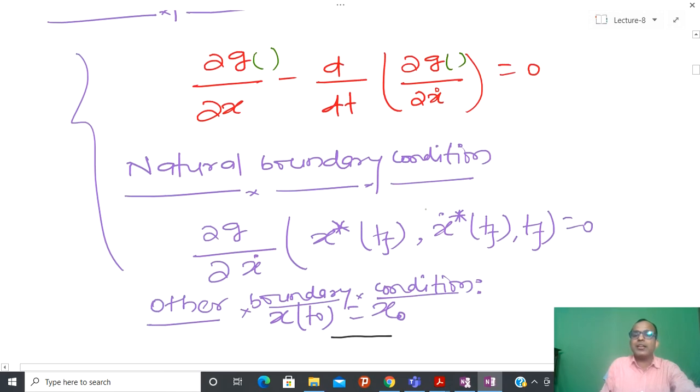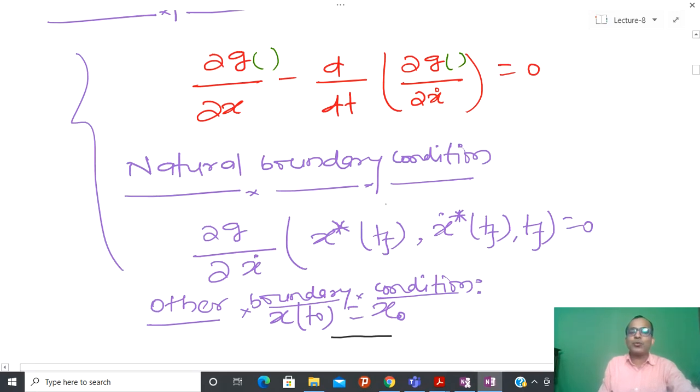In the simplest case, when both ends are fixed, we just have to solve the Euler-Lagrange equation, and finally we get a second order time varying differential equation with two boundary conditions. So the solution is easy.